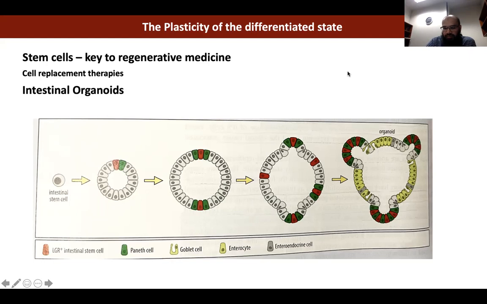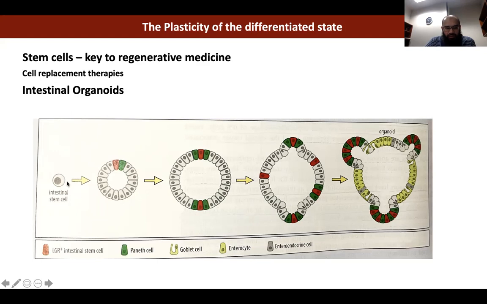Guys? Okay, I guess everybody is sleeping. So it's the enterocyte that is required for the absorption of the nutrients.